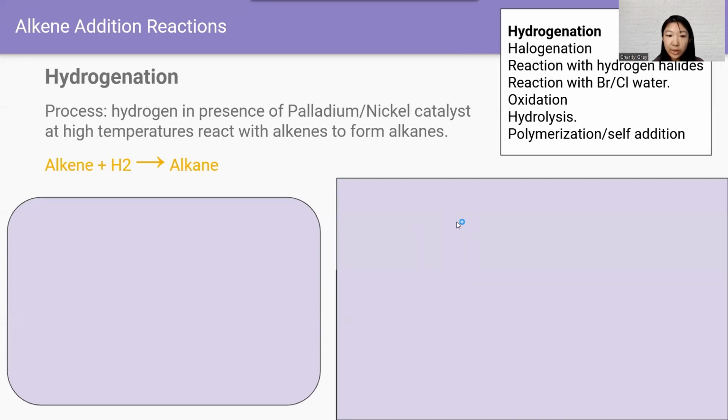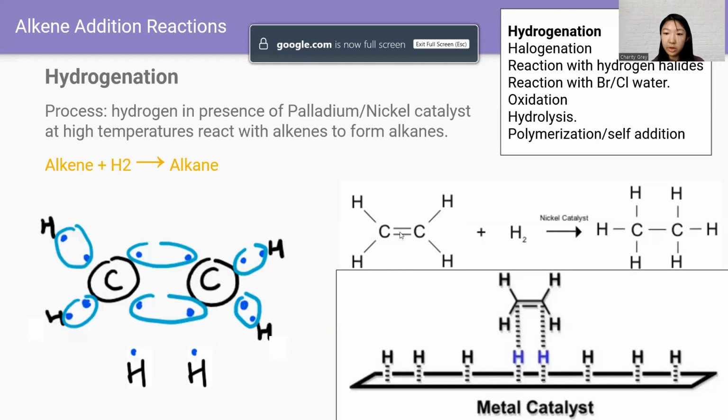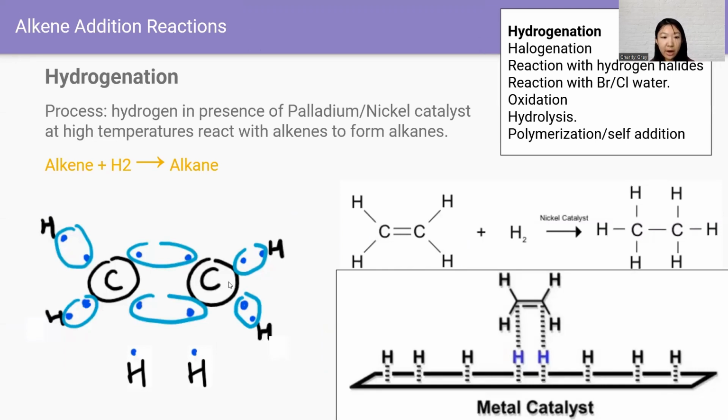Then we can look at the final reaction. Here you can see that we start with an ethene, for example, and then we add our hydrogen. Using a nickel catalyst, we get to our saturated alkane.